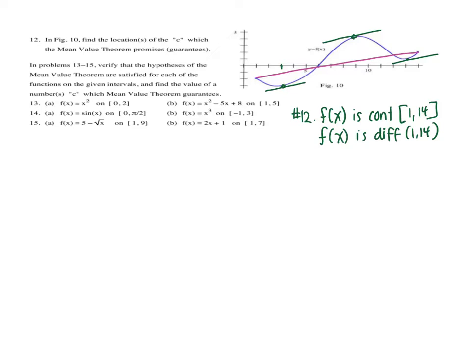I know that it is differentiable because it is a smooth curve, again, without any holes or jumps, corners, cusps, that kind of thing. And if that is true, then there must be at least one c value along here where the derivative at that c value, or the slope of the tangent line at that c value, is equal to the slope from 14 to 1.